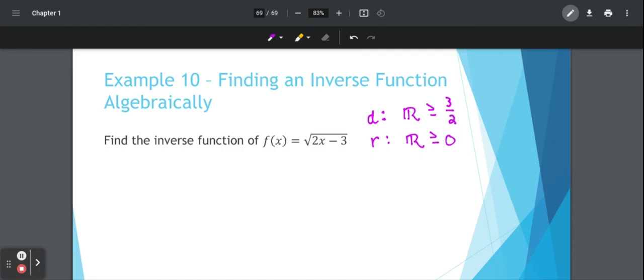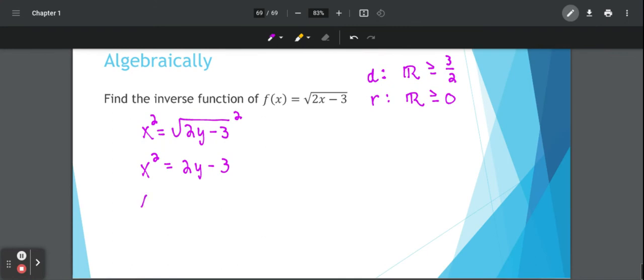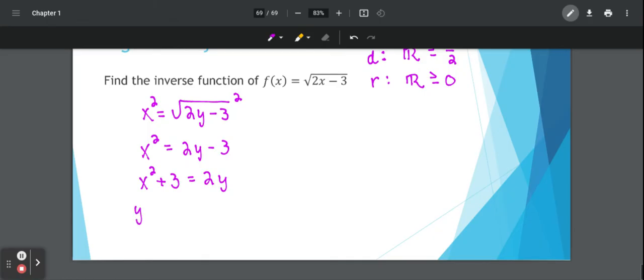So now if we go through and find the inverse, we say x equals the square root of 2y minus 3, so we would have to square both sides. x squared equals 2y minus 3. And then when we solve, we get x squared plus 3 equals 2y, or y equals x squared plus 3 over 2.